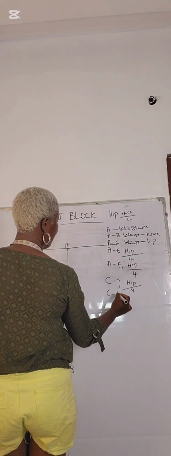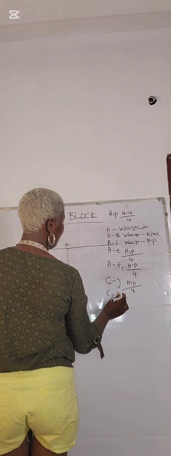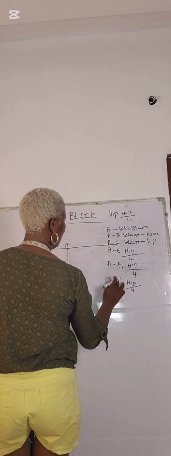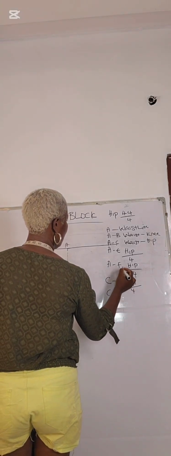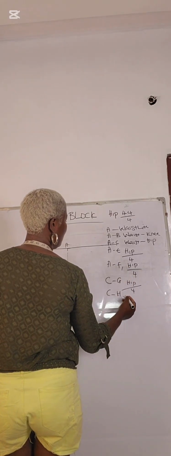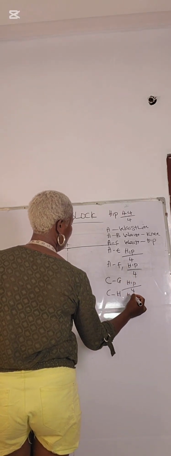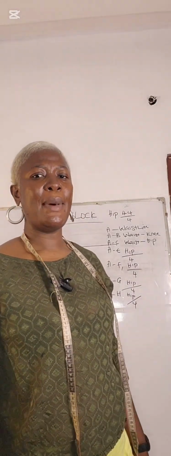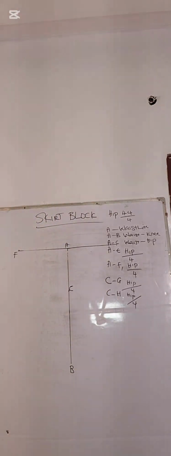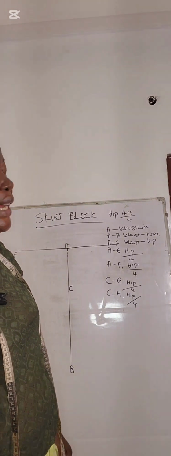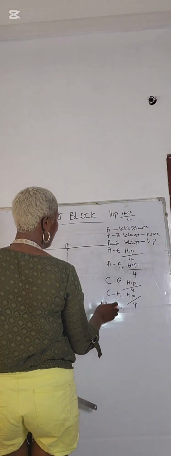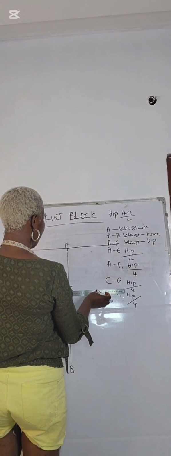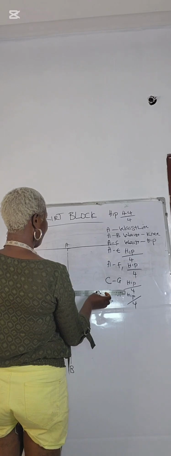C to G is the same as C to H. So I said C to H is hip divided by 4. So here is my hip divided by 4.